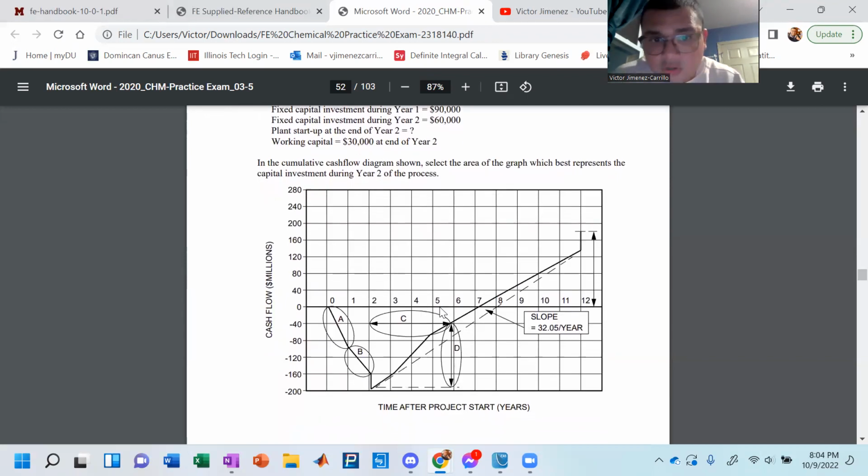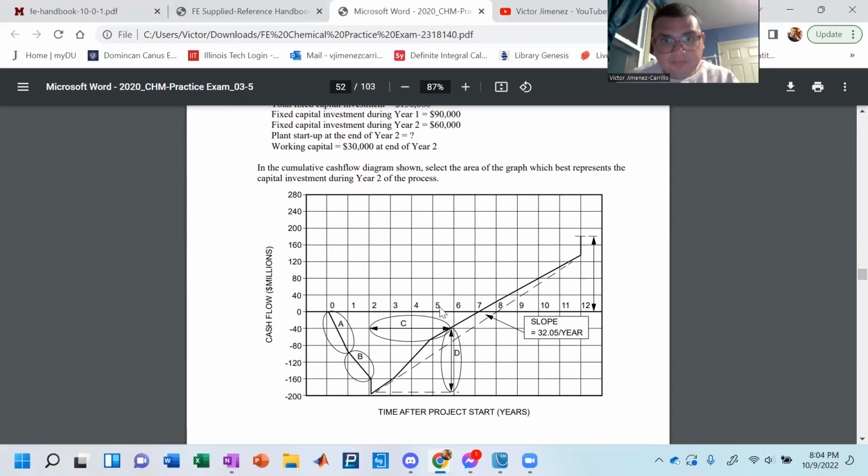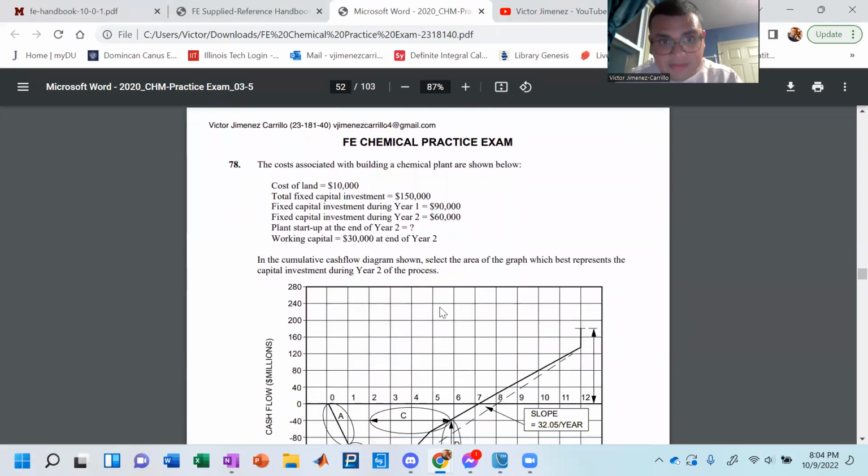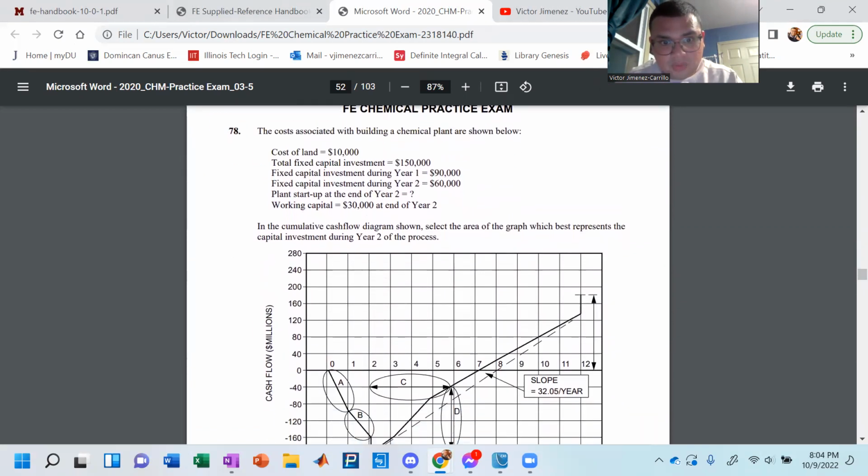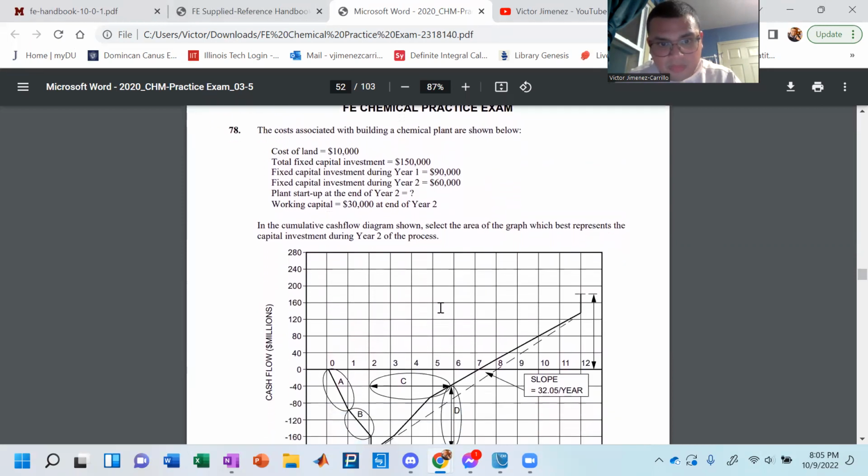The little circle where it says A first represents year 1, 0 to 1. This includes the cost of land plus the capital investment. So A describes the cost of land plus the capital investment made up to year 1. In this case, it'll be 90,000 plus 10,000, which will give you about 100,000.